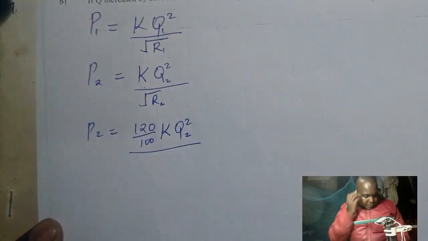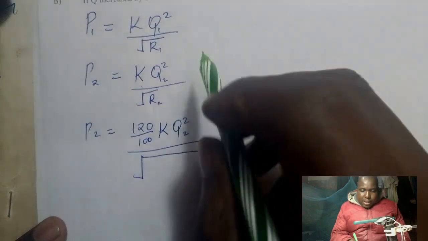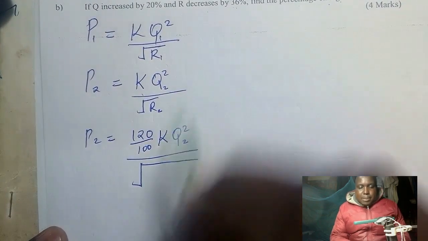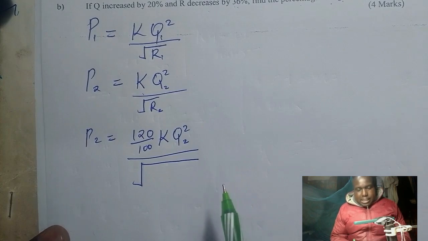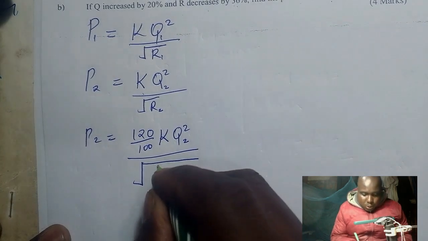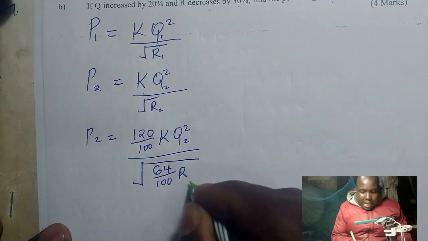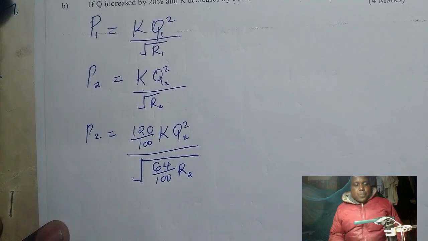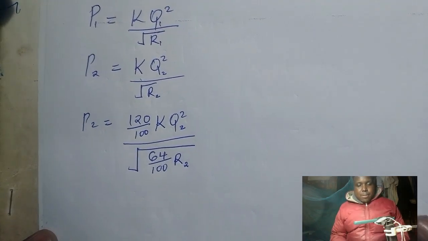We divide by the square root. This one, R, was decreased by 36%. So when you decrease by 36%, that is 100 minus 36, that is 64 over 100. So we are going to have 64 over 100 times R2. Yes, that's what we are going to have.